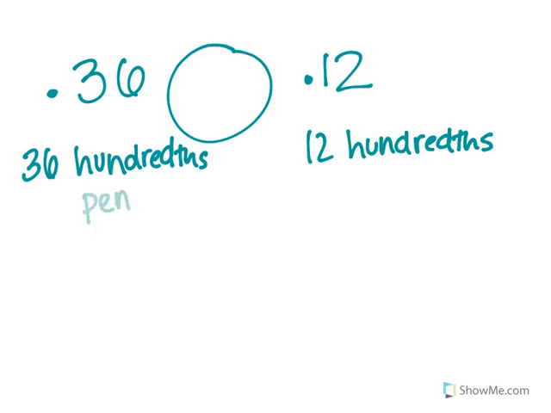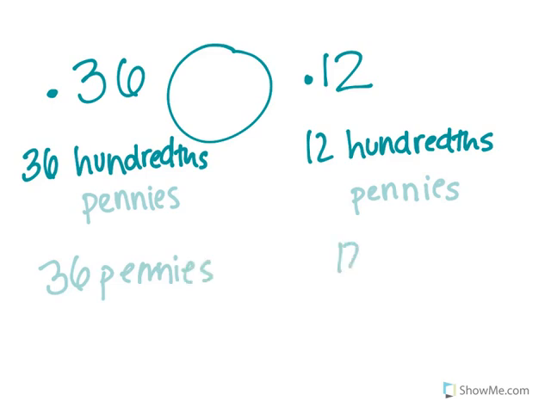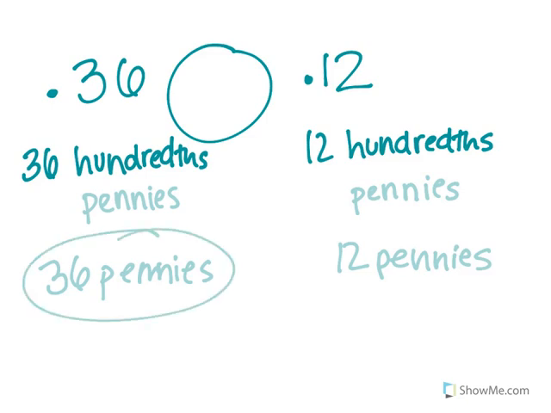You can also think about it as if these were pennies because there's 100 pennies in a dollar. So it's the same idea. So which one would be bigger, 36 pennies or 12 pennies? Well, in the end, 36 pennies would have been bigger.